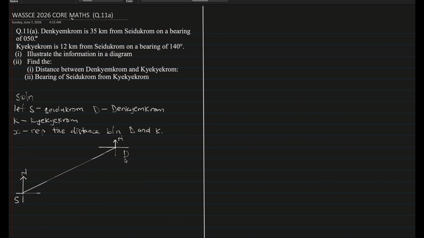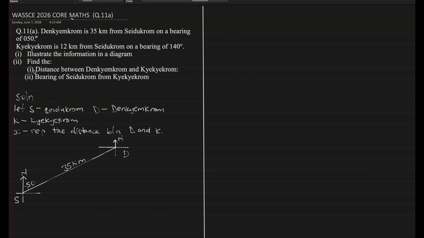Let's label it as D. Now they say the distance between Sedu Krum and Denchem Krum is 35 kilometers, so let me write 35 kilometers. When I was standing at Sedu Krum facing the north, I turned 50 degrees. So this is 50 degrees from the north. We are done with Sedu Krum and Denchem Krum.